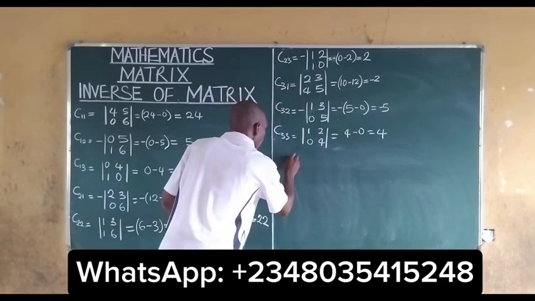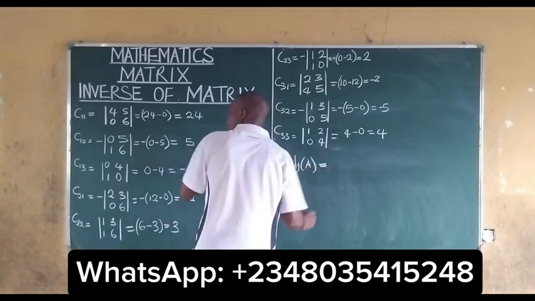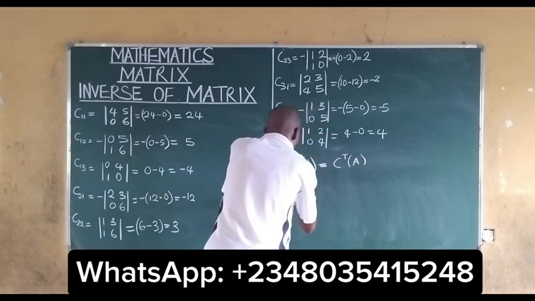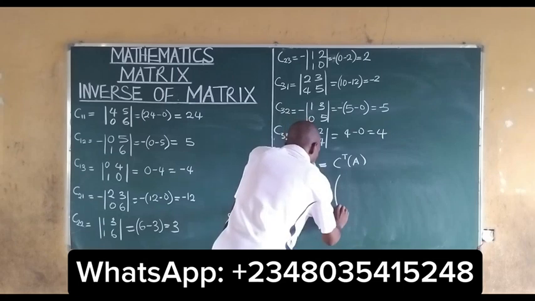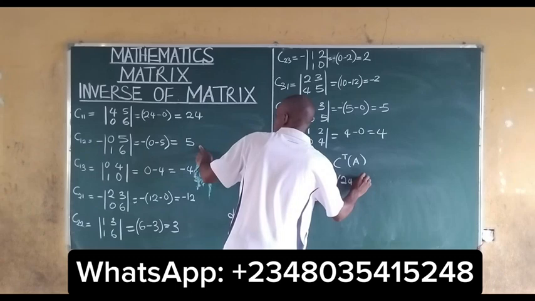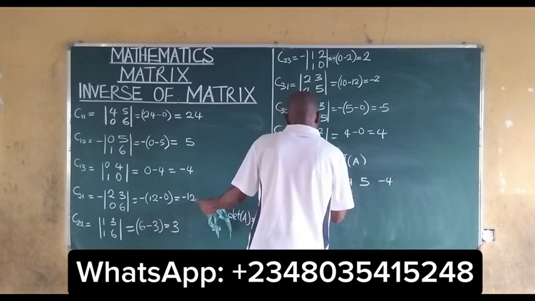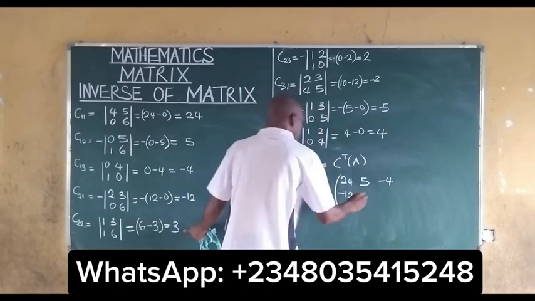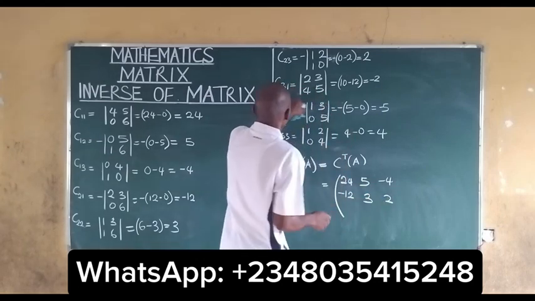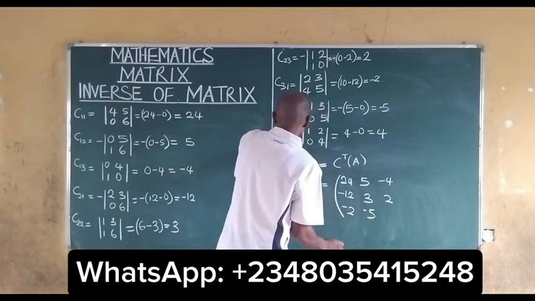So for the adjugate of A, we said it's the cofactor transpose of A. We have our cofactors equal to C11 is 24, C12 is 5, C13 is negative 4, C21 is negative 12, C22 is 3, C23 is 2, C31 is negative 2, C32 is negative 5, C33 is 4.